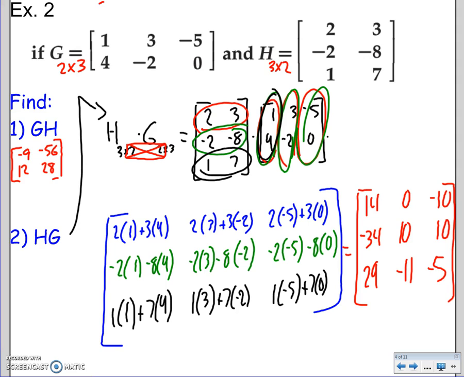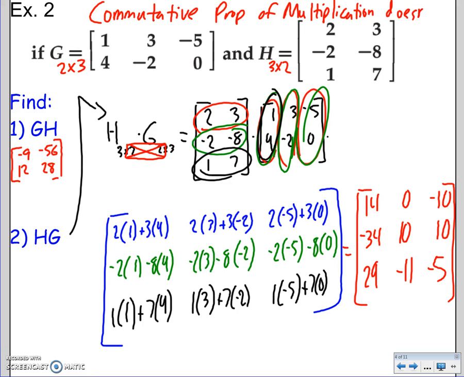So you need to know the commutative property of multiplication doesn't hold true. So before, you remember we had 2 times 3 was the same thing as 3 times 2, right? So that's 6 equals 6. Here, I just proved to you that G times H was not the same as H times G. Matrices work a little different than just regular algebra math you've done.